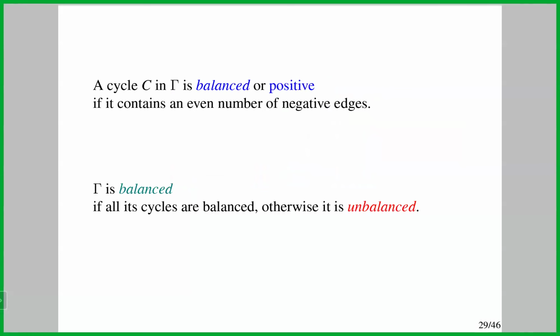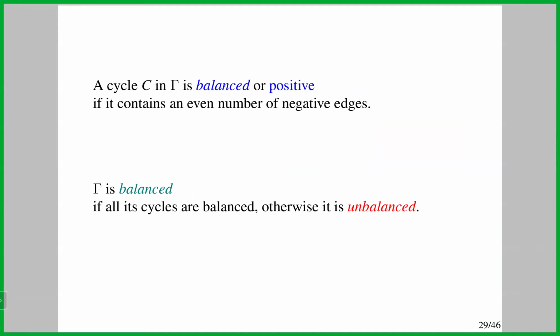Now, the important concept in sign graphs is called balanced or unbalanced. If you look at a cycle in a sign graph and the cycle has an even number of negative edges, that means if you multiply the signs of the edges of the cycle, it's going to be positive.